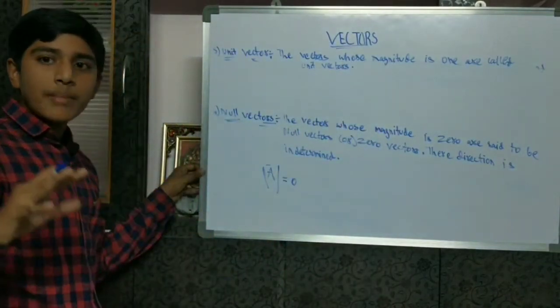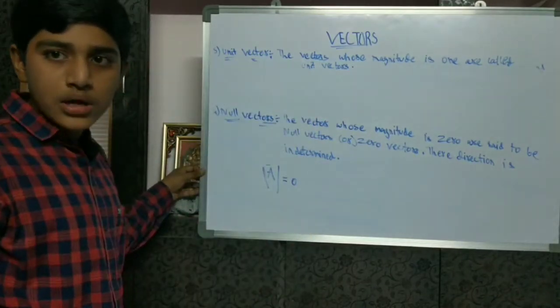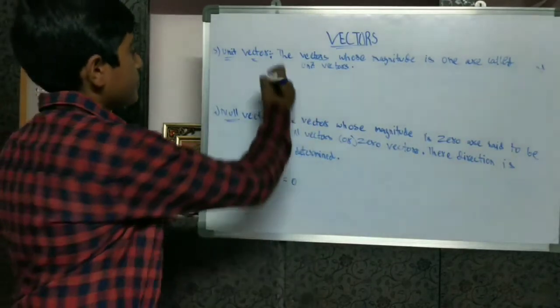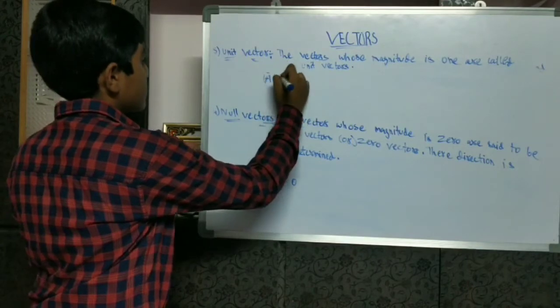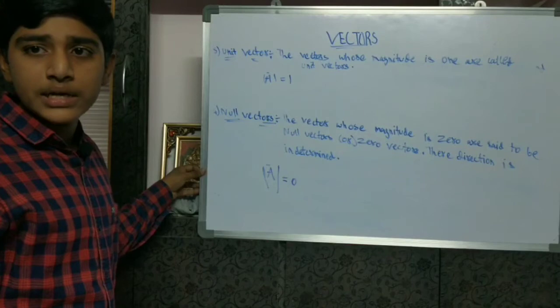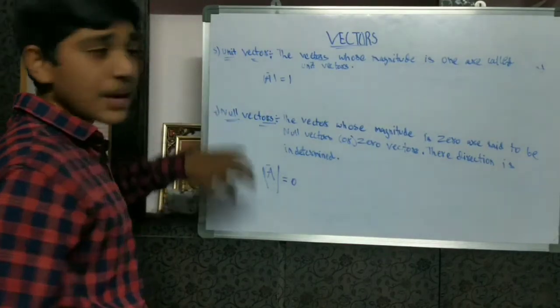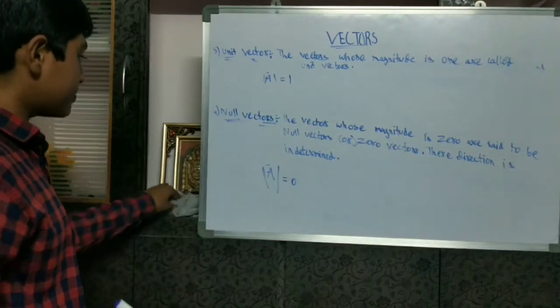They have only magnitude equal to 1. It can be 1 kilometer, 1 meter, 1 centimeter, or any units. And that is about unit vectors.